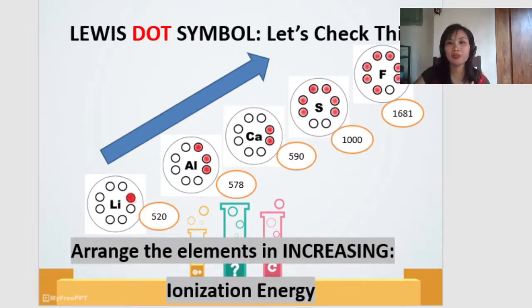Again, ionization energy is the energy needed to pull or remove one or more electrons from a neutral atom. So the lower ionization energy mas madaling maka-remove ng valence electrons. So lithium, mas dali siya maka-release compare kay fluorine. Okay?